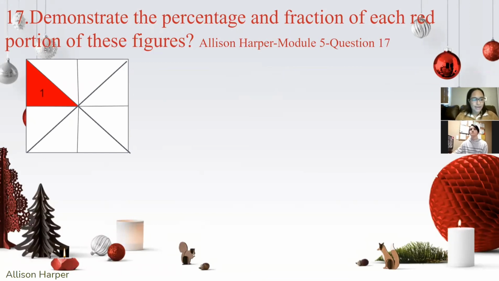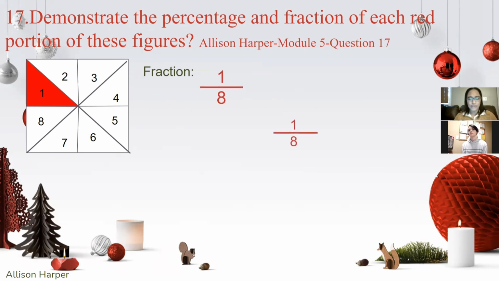And we see that there are 8 different pieces to this figure. And there is only one section that is colored red. So that gives us a fraction, and that fraction is 1/8.